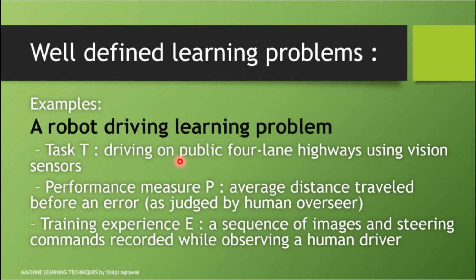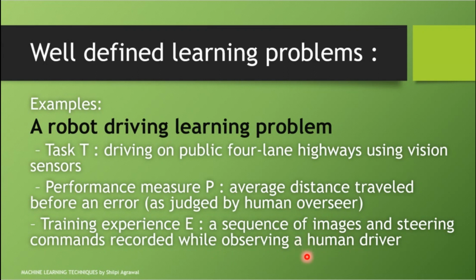What do we have to provide to the robot? We have to provide the training experience, that is a sequence of images and steering commands recorded while observing a human driver.